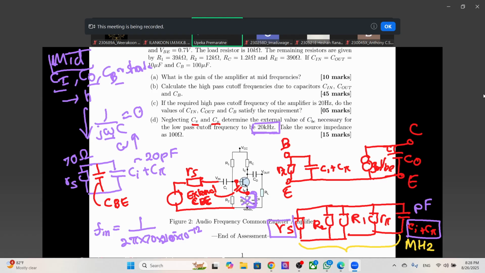We are assuming that this is very large compared to C pi and C mu, so we can neglect these two. Then what we get is our source impedance parallel to R1 parallel to R2 parallel to R pi, and here we have our external capacitor.